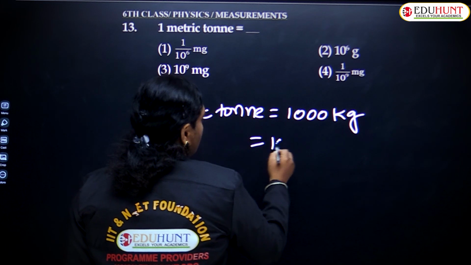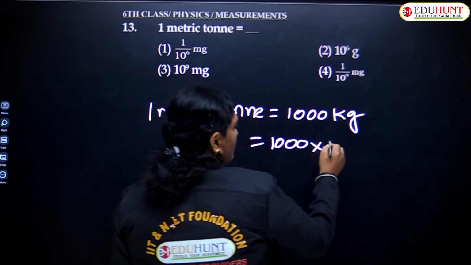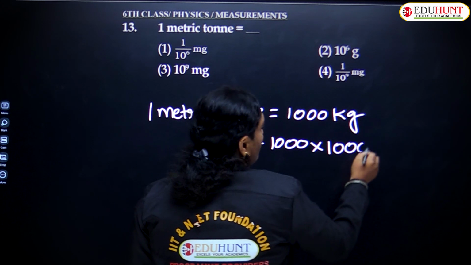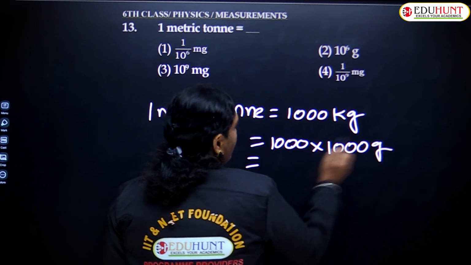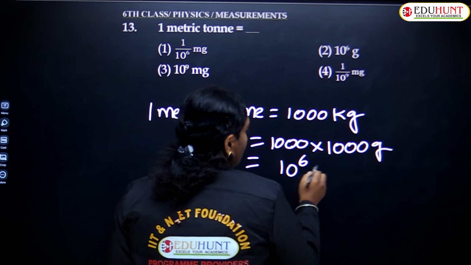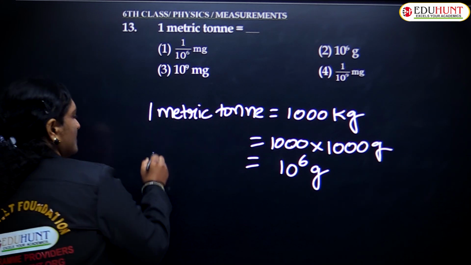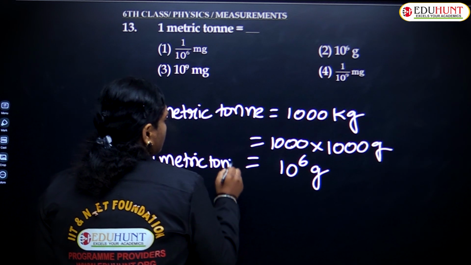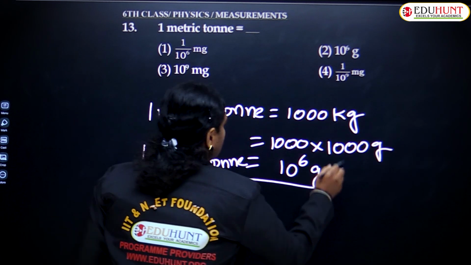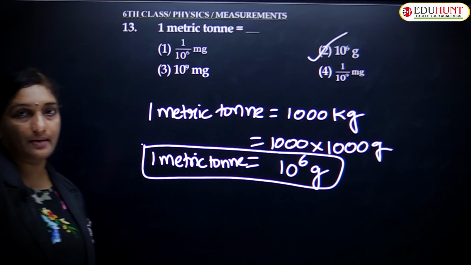So let us convert the same. 1 kg in grams, how many grams? 1 kg is 1000 grams. So altogether 1, 2, 3, 4, 5, 6, totally 10 power 6 grams. So 1 metric ton is equal to 10 power 6 grams.